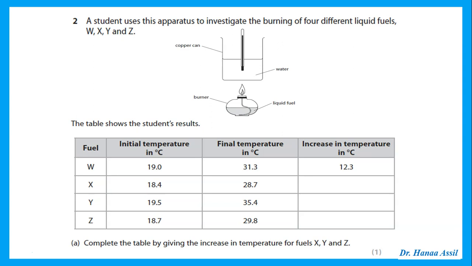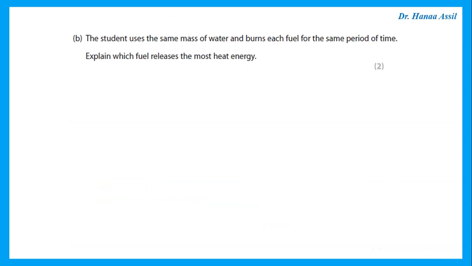The first question says, complete the table by giving the increase in temperature for the fuels. Of course, increase in temperature is just the difference between final and initial. So final minus initial gives these values. This is just subtracting the two values from each other.